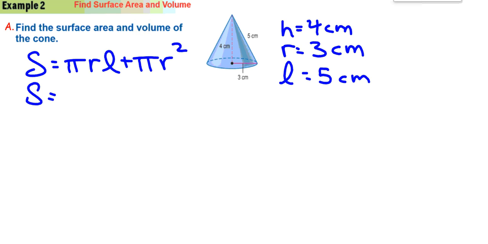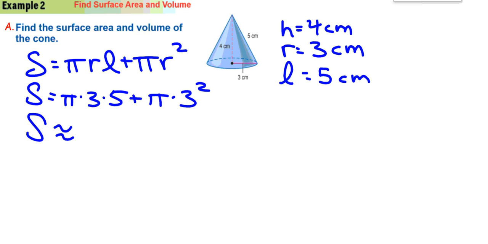Just tell me what the actual numbers are going to be. Okay, and take a minute, get that. And we're going to round to the nearest tenth.